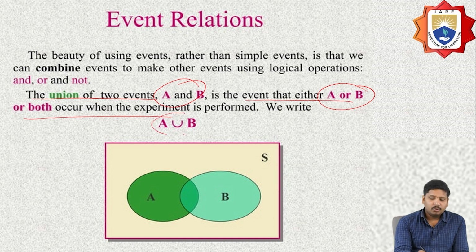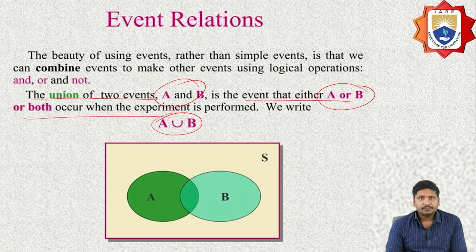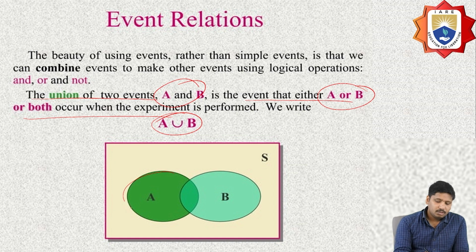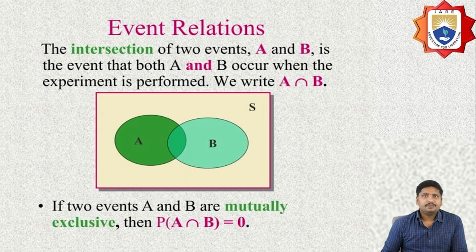So for that, we write it as A union B, where A and B are the two events. So the union means either A or B or both can occur when the experiment is performed. So this is the union of events.